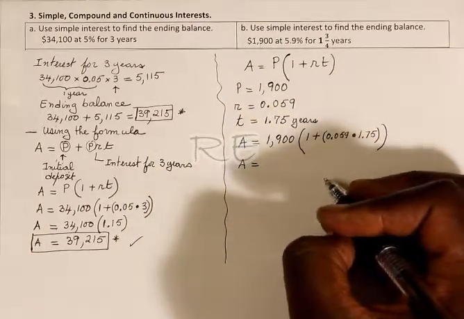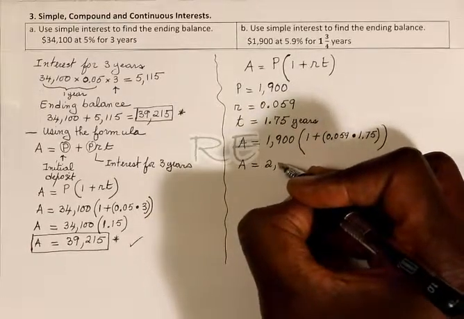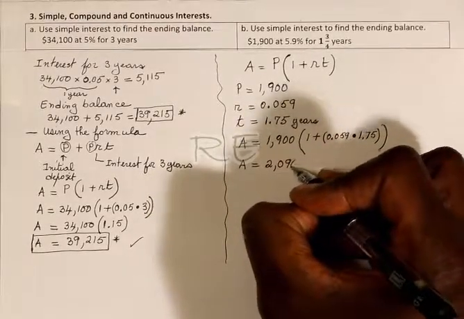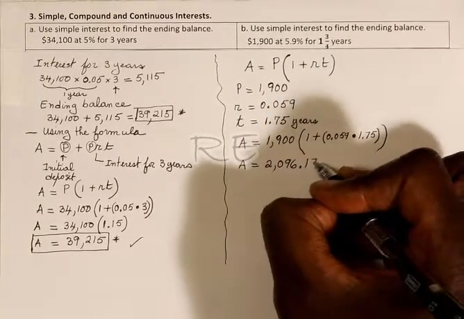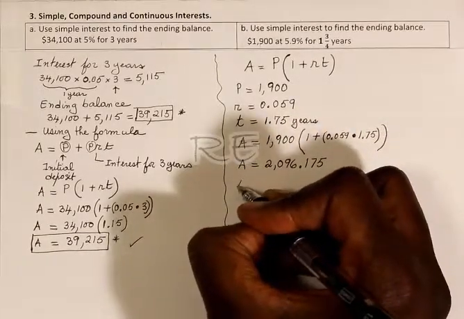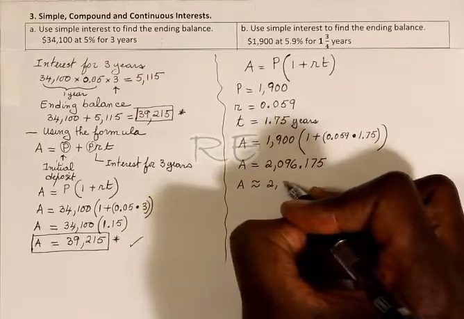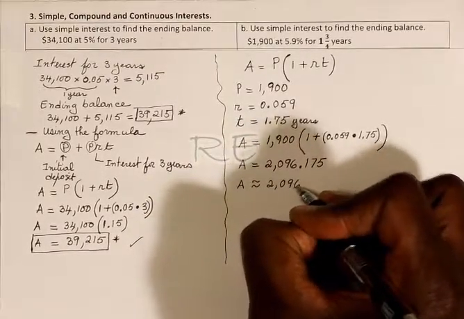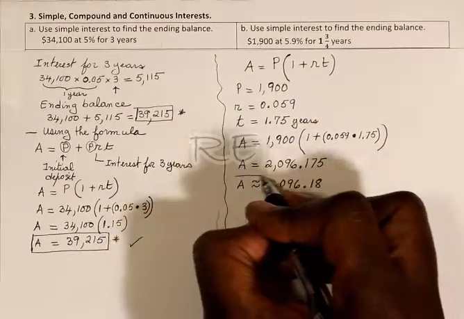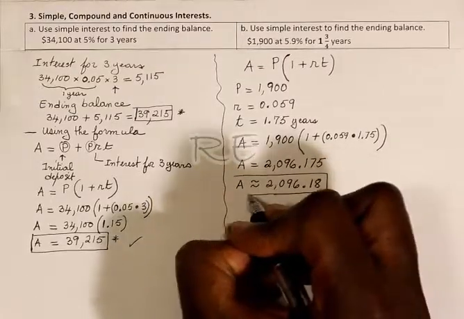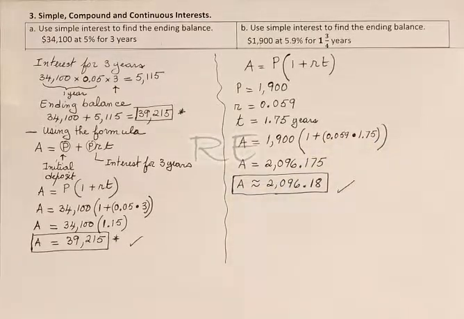So the answer should be 2,096.175. Since we're dealing with money, we can round it to the nearest hundredth, to the nearest penny. So it's 2,096.18. That's it.